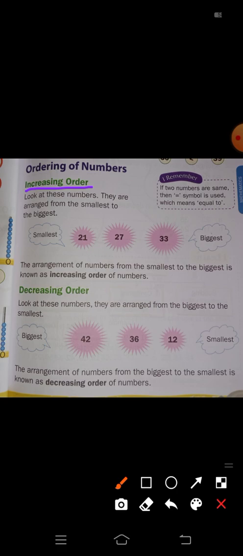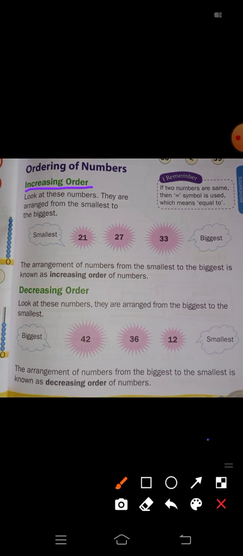You are standing in prayer. How do you stand at that time? You stand with the small children first, whose height is small, they will stand first. You are standing height wise. Whose height is less, they will stand first, afterwards the bigger ones.